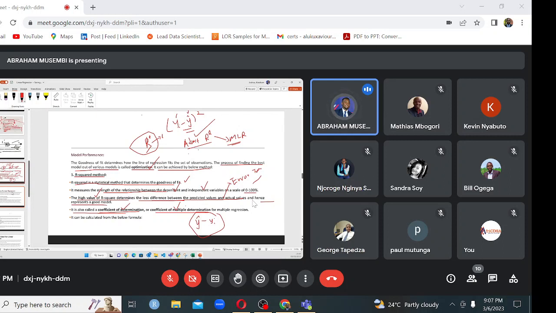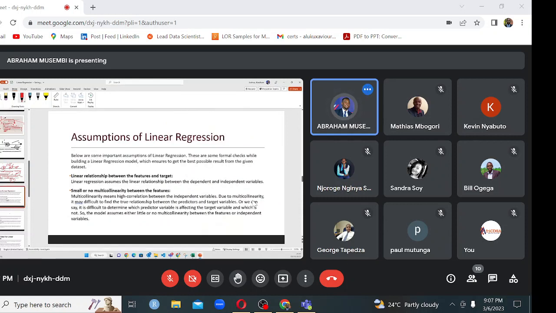I don't have the formula here, but I will share it when we are doing the practicals. Any question up to that point before I go to the assumptions of linear regression?